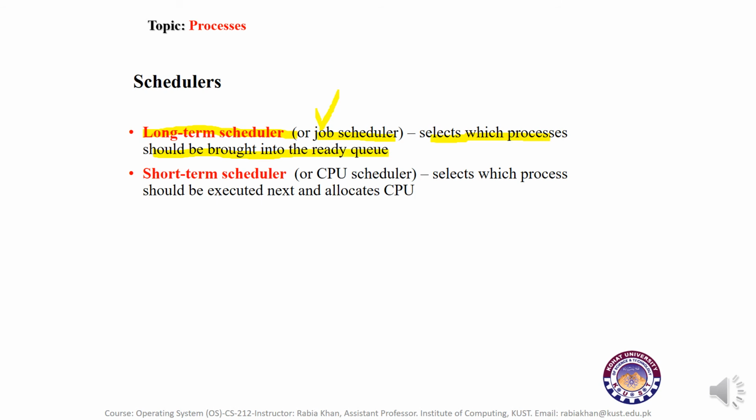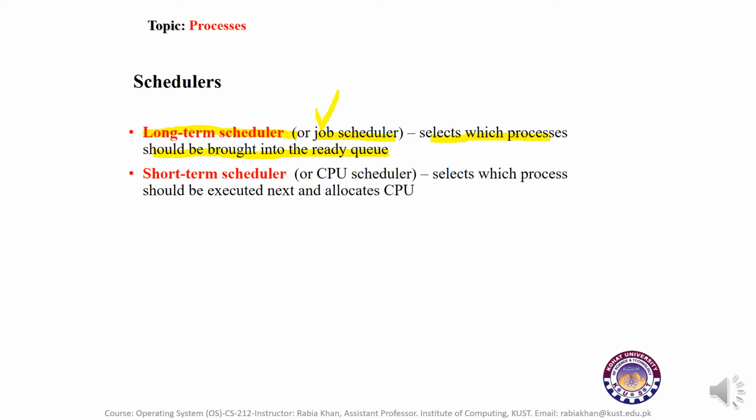So the long-term scheduler or job scheduler selects among the processes on the disk which one of them should be brought to the RAM. This is the duty of the job scheduler, or we can also call it the long-term scheduler. Now, why is it known as the long-term scheduler? We'll be discussing that later on.